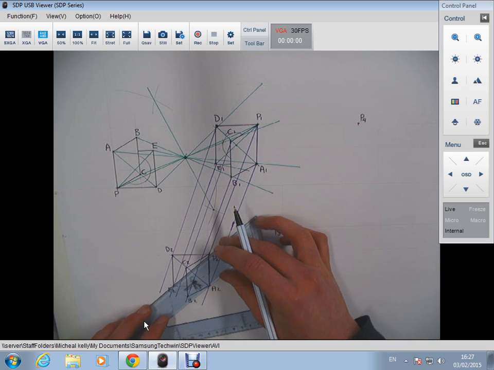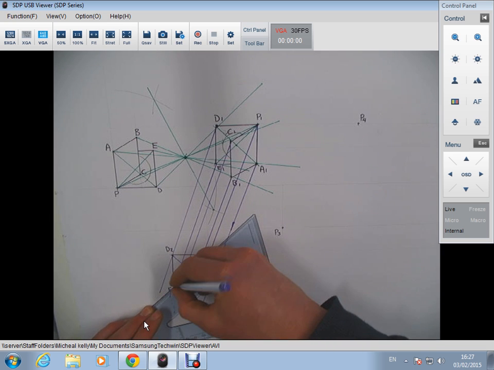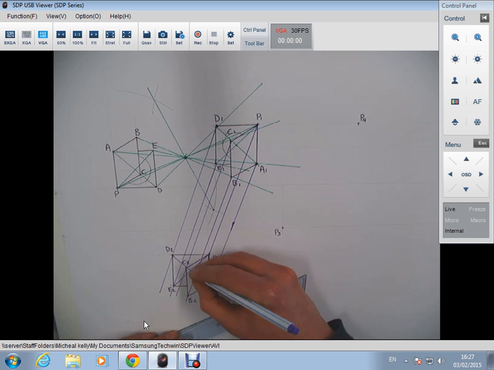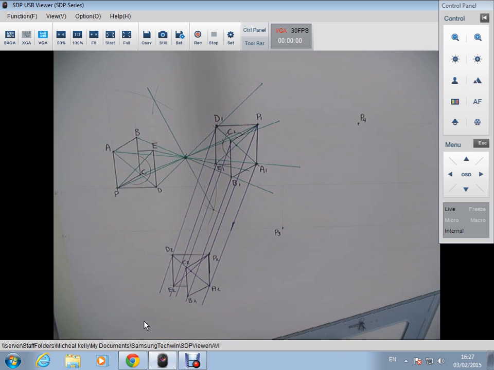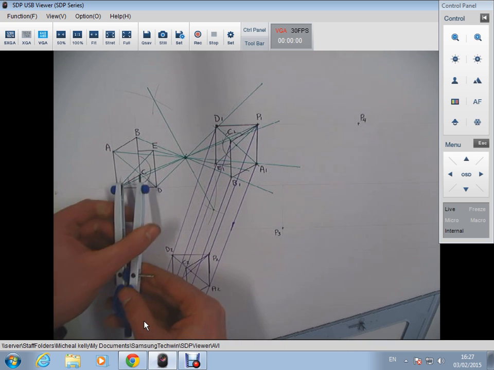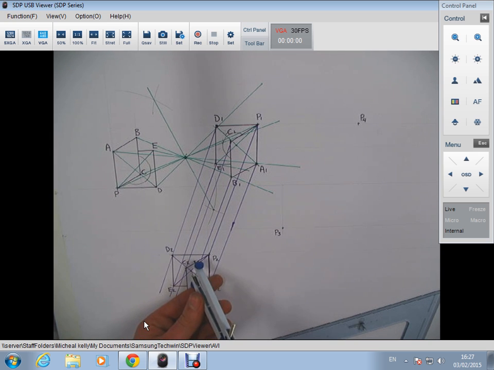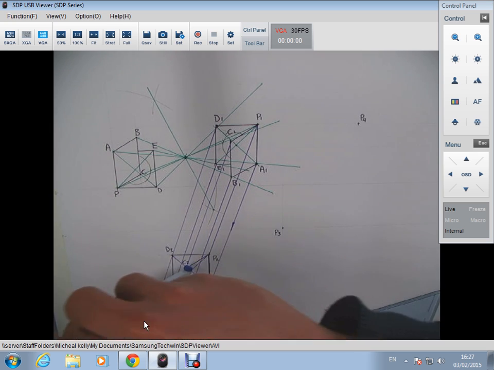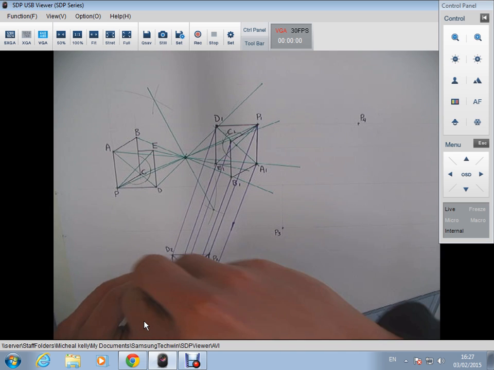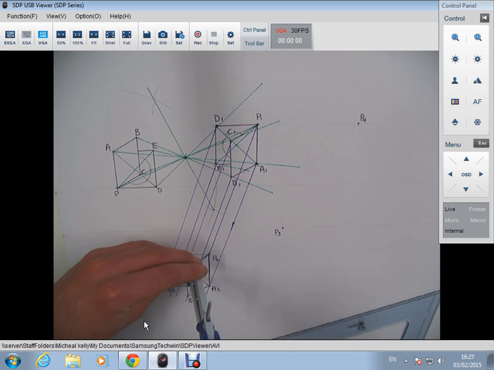And from P to E, they cross and give me a point here. Set the radius on my compass the same as the first, radius 16. I can draw my arc from the line BC around as far as the line CP.